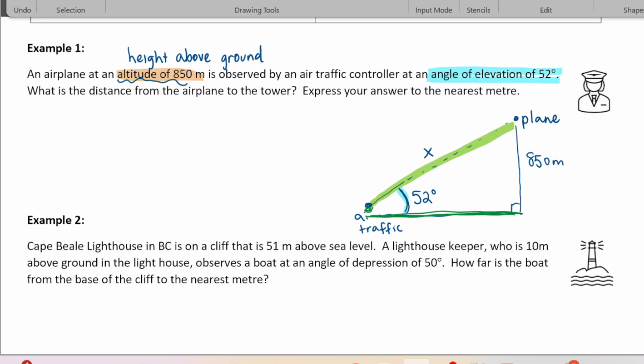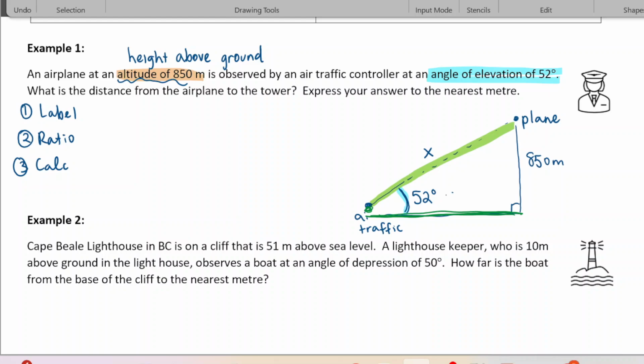Okay, so let's do our steps. We're using the same steps we've done in all of our other lessons. We're going to label, write our ratio, and then we're going to calculate. So let's label. We have the angle 52.